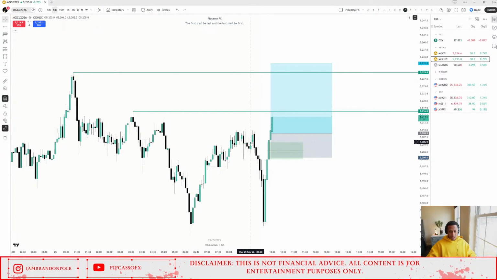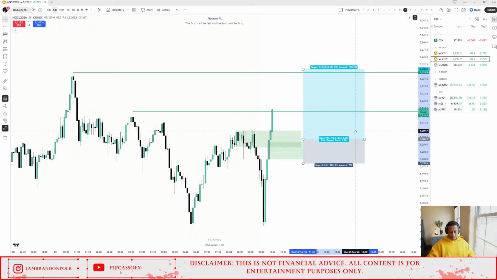Then you have a mitigation block here. It's after 10, so this would be the first. This would be like the silver bullet-esque trade, if it can do that. I'd use this one because it's bigger. So we just hit that.